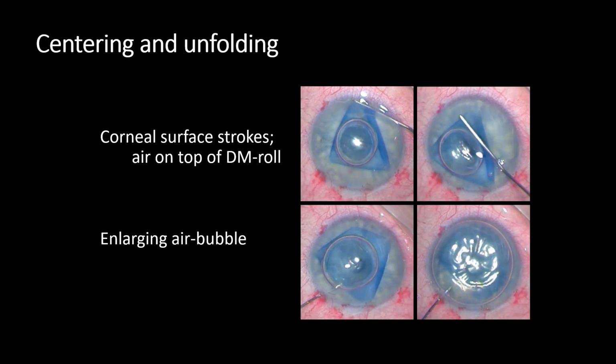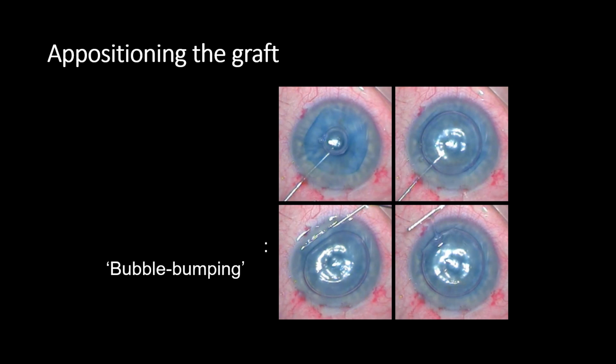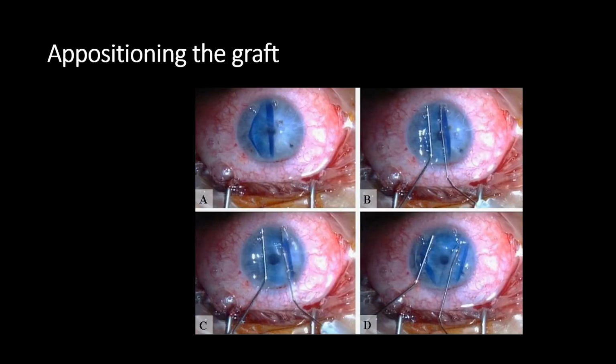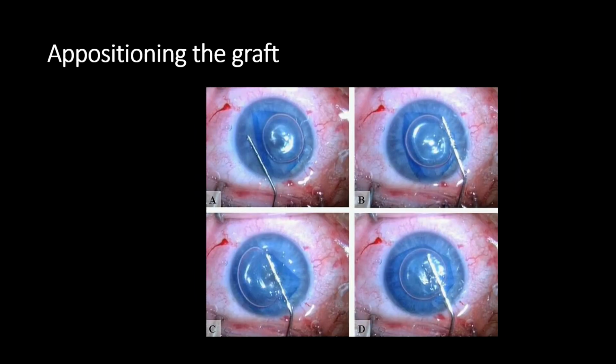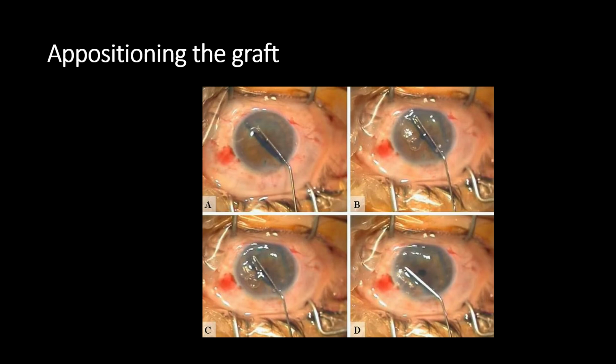And you're also going to want to use a combination of different techniques in order to unroll the graft in the patient's anterior chamber fairly safely without traumatizing the graft. So you're unrolling the graft without actually physically directly touching the transplant itself.